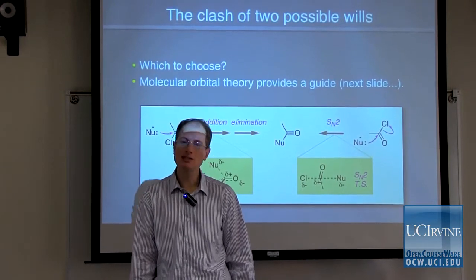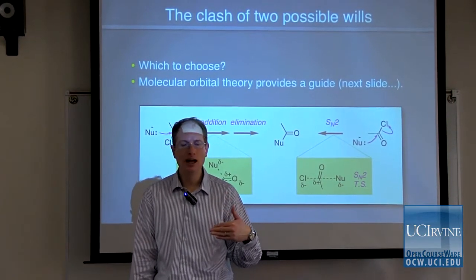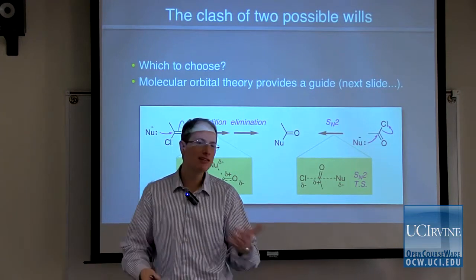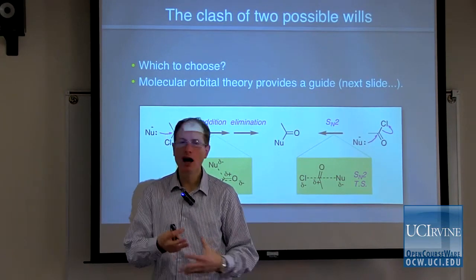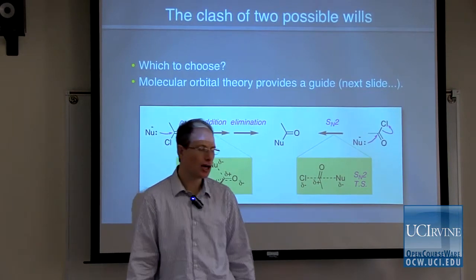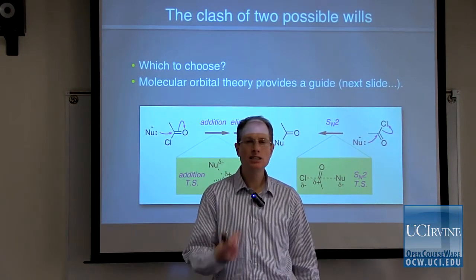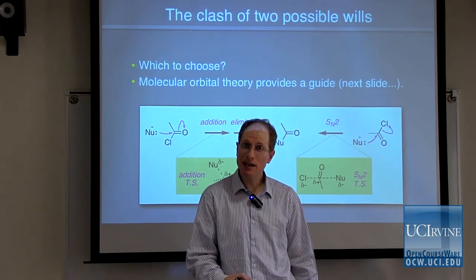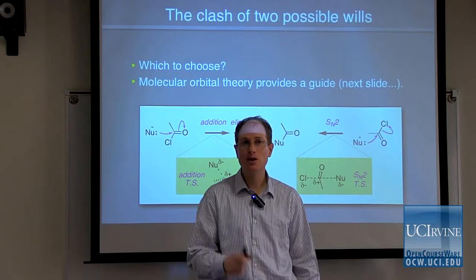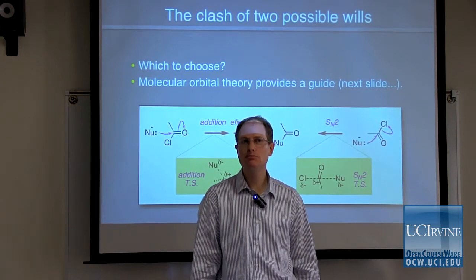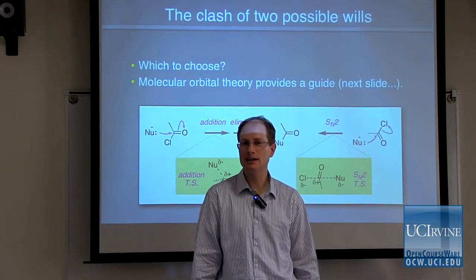Okay, so let's get back to our challenge again. The challenge is in biology, we oftentimes have many different possible reactivities. We oftentimes have many different possible reaction mechanisms that we can draw. Despite that plethora of possibilities, what we will see is that there is oftentimes one and only one true, dominant mechanism for a particular set of molecules.